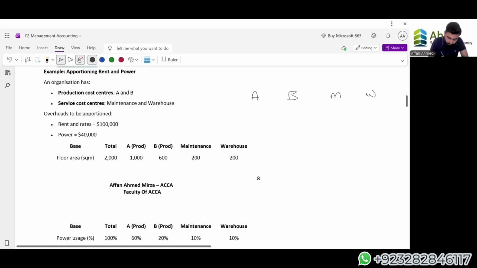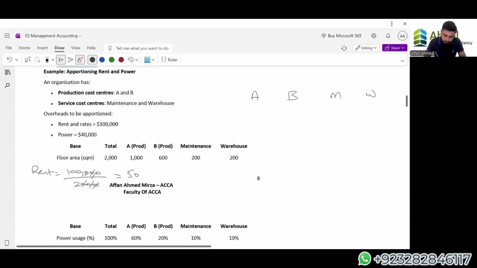So total cost for rent is 100,000. Divide by my basis, that is 2,000. So I'm going to get an answer of 50, right?